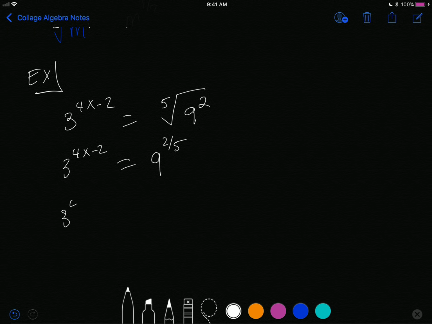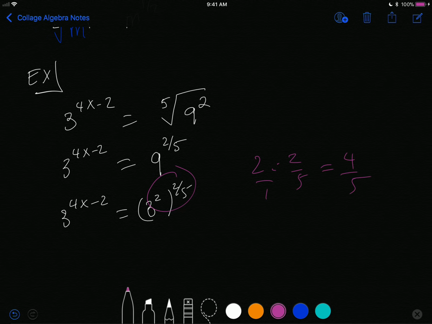No. But hopefully we've seen enough to know that 9 is 3 squared. I have to multiply these two. 2 times 2 over 5. I make this 2 over 1. So that's 4 over 5. So that's 3 to the 4x minus 2 is equal to 3 to the 4/5 power.